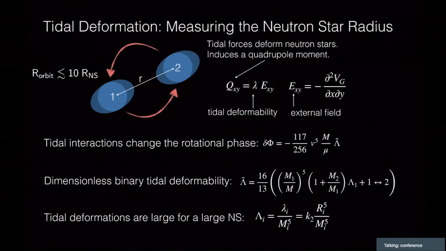It is an exact relation where K2 is a function of the compactness. So K2 is called the tidal love number. When the compactness approaches the black hole compactness, K2 goes to zero. And that's why the black hole tidal deformability is zero. But for any other object, K2 depends just on how matter is distributed inside the star.